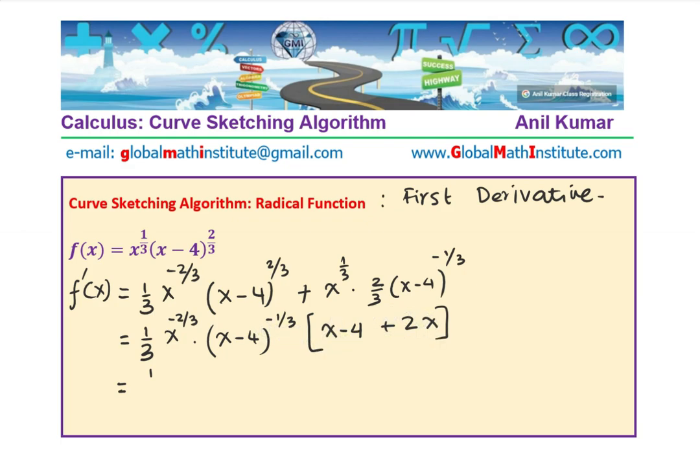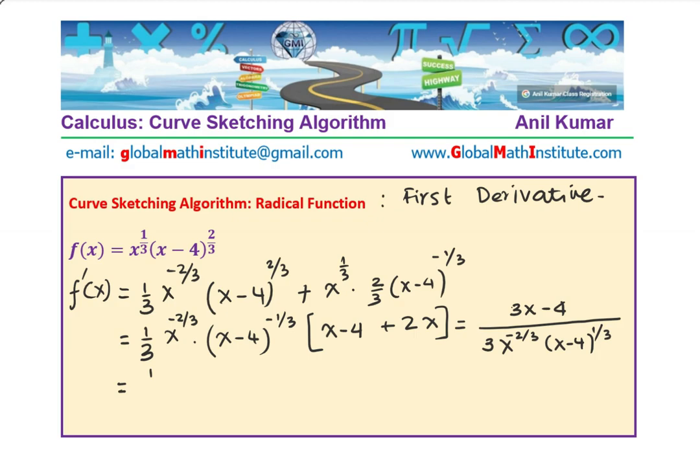So let me rewrite here itself. 3x − 4 in the numerator, and in the denominator we have 3 x^(−2/3) times (x − 4)^(1/3). Does that make sense? Now, we can easily find the critical numbers.